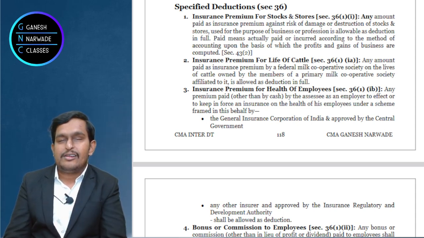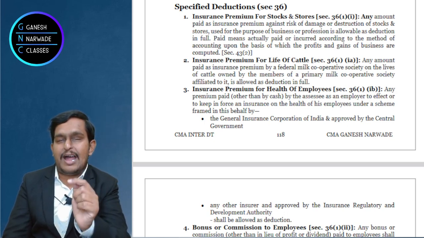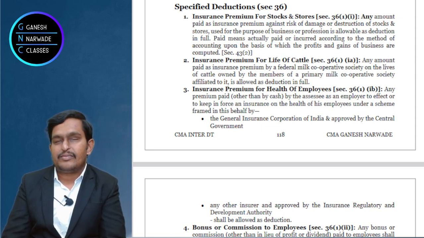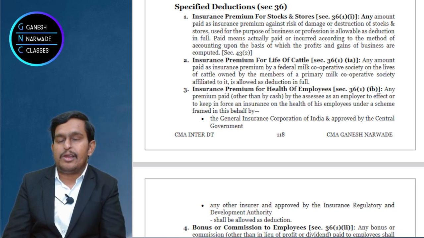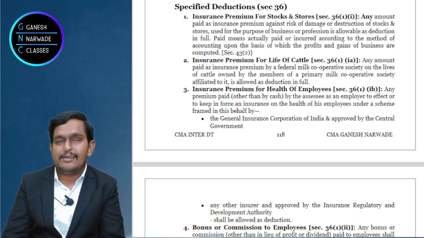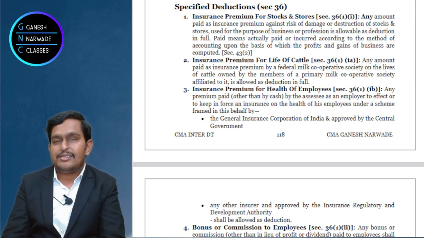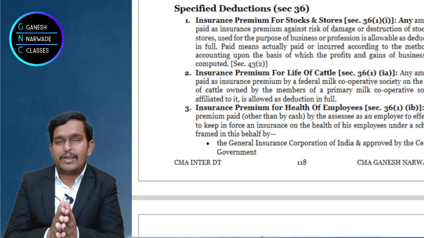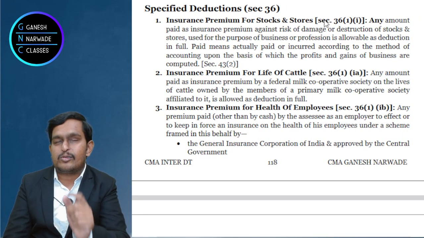Now in this case, when you maintain the stock, you do the insurance of that stock in trade, and for that you pay premium to the insurance company. That premium is allowed as deduction under section 36 subsection 1 clause 1. Clear? Now here 36(1)(i) only talks about insurance premium on stocks and stores.